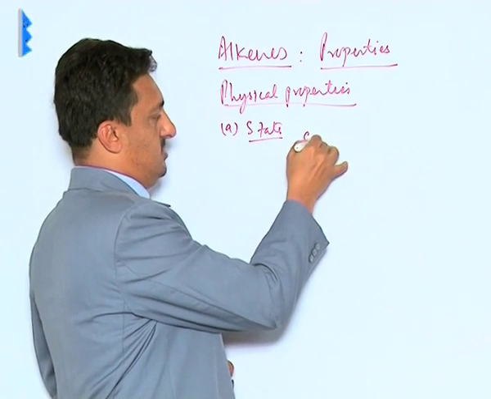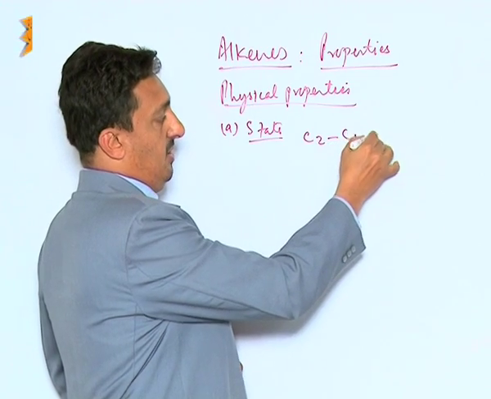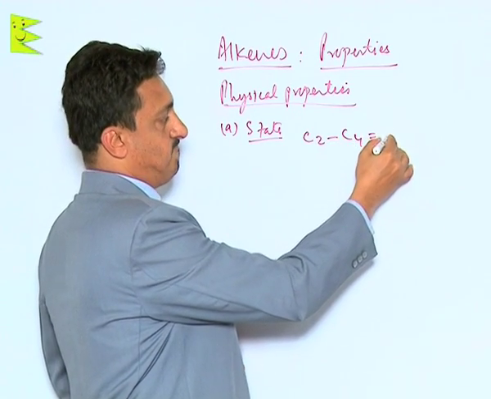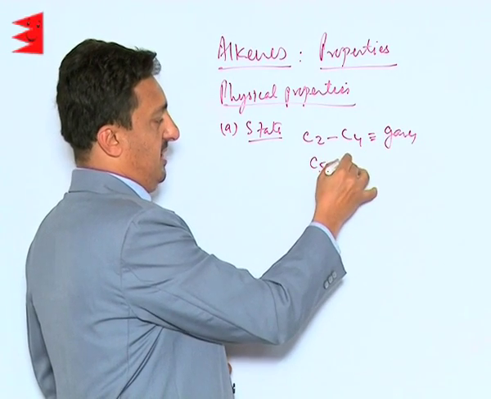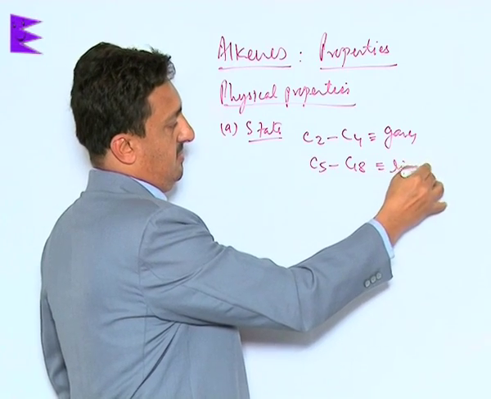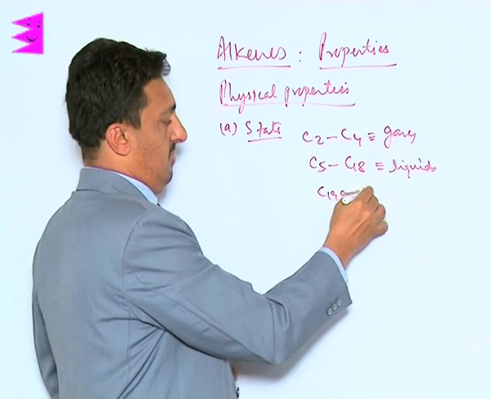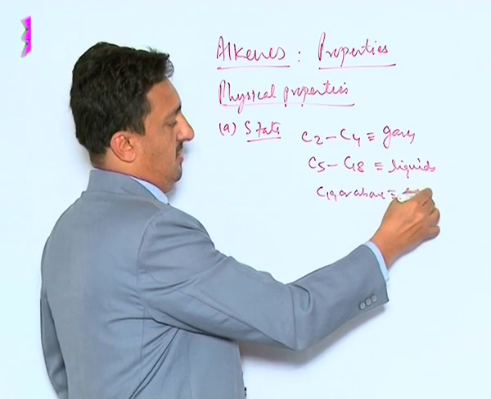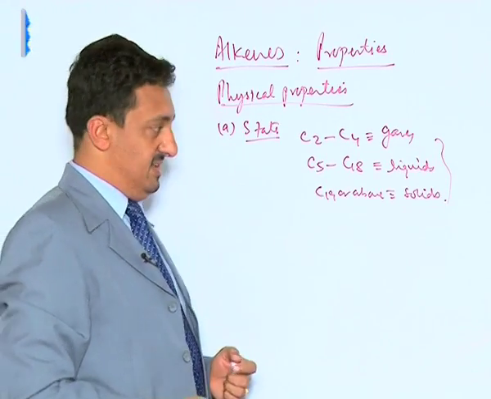C2 to C4, they all are gases. Then C5 to C18, they are liquids, and C19 or above are solids. So that's the basic thing about their state.